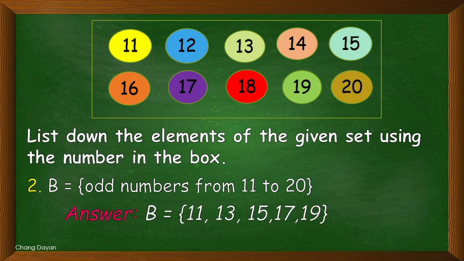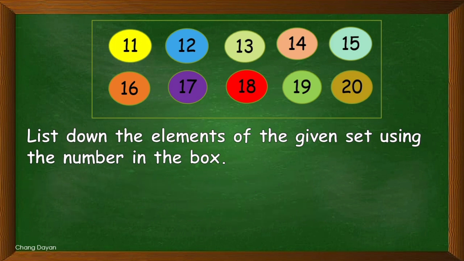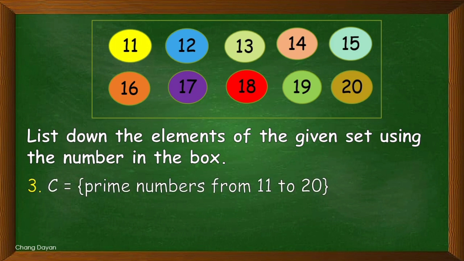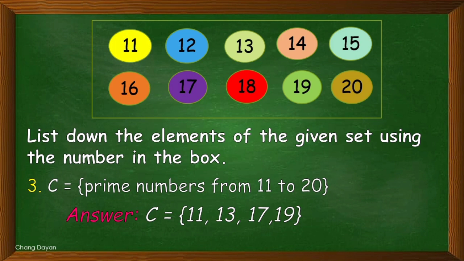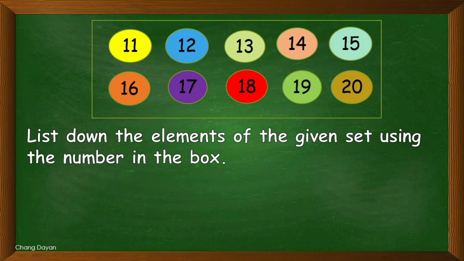Ito ay 11, 13, 15, 17, 19. Next, prime numbers from 11 to 20. Tama. Ito ay 11, 13, 17, 19.